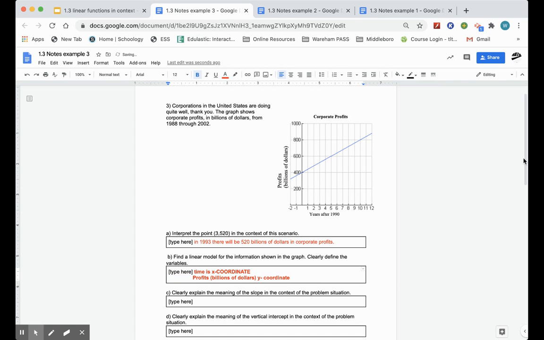When we look at this graph, we can see right here, this is our y-intercept where it crosses the y-axis.